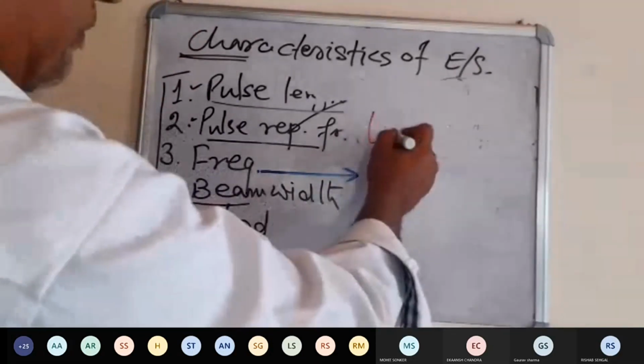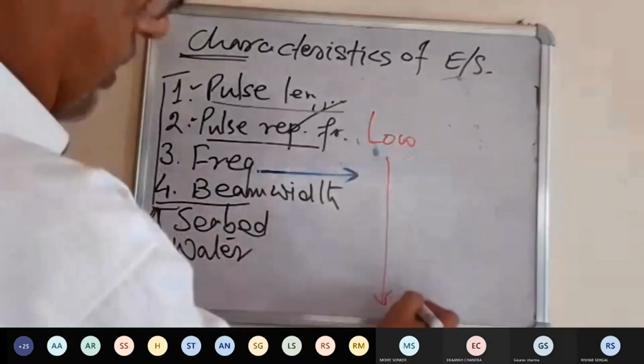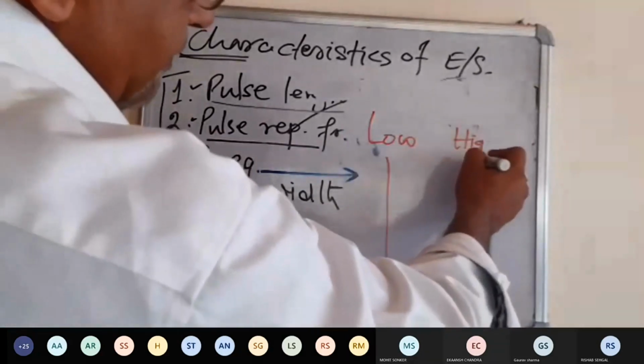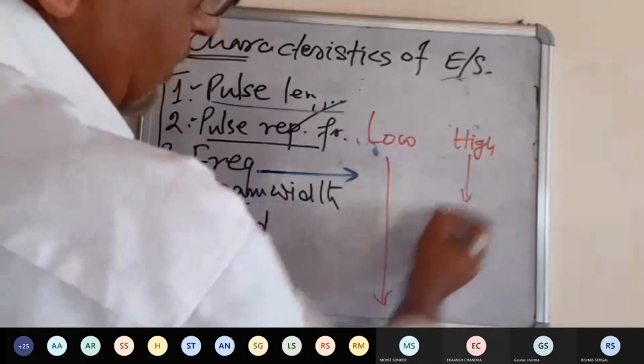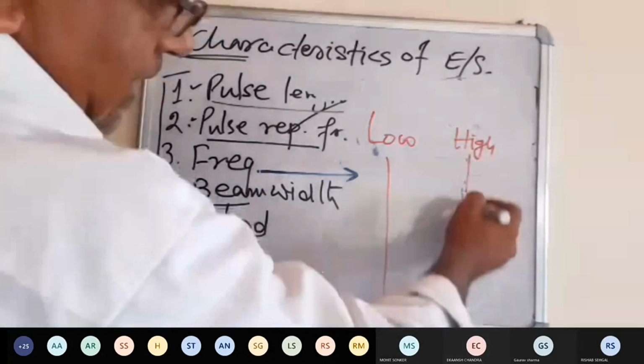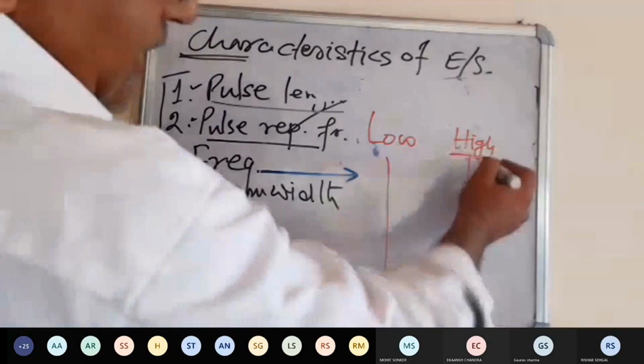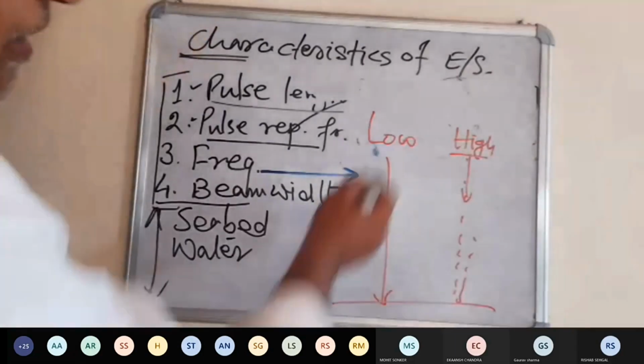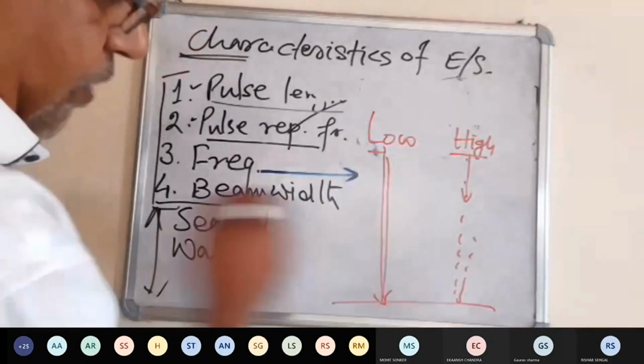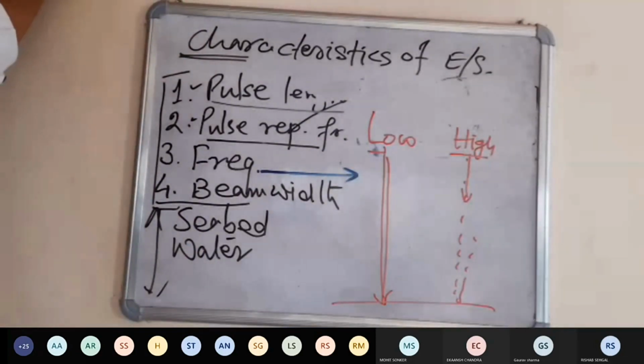Low frequency for deeper waters, high frequency for shallow waters. Because as it is going, it dies out. High frequency cannot travel deep waters. Low frequency can travel deep waters, long distance.